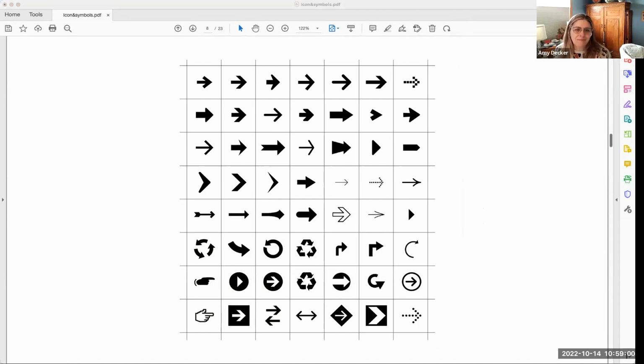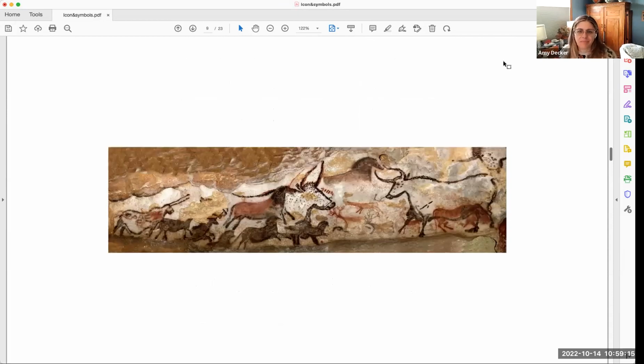Arrows are graphical symbols, and arrows make up other symbols. An older medieval convention is the manicule, which is a pointing hand. We've been using icons for 50,000 years. The first form of communication were the cave paintings found in Lascaux, France.